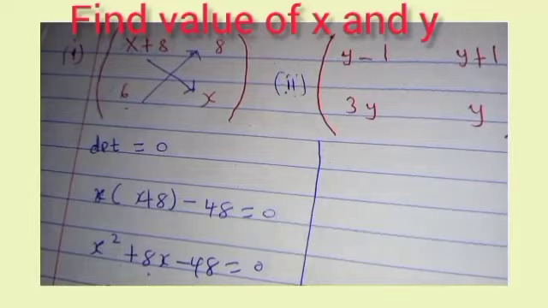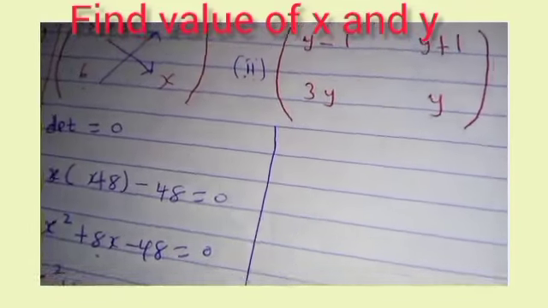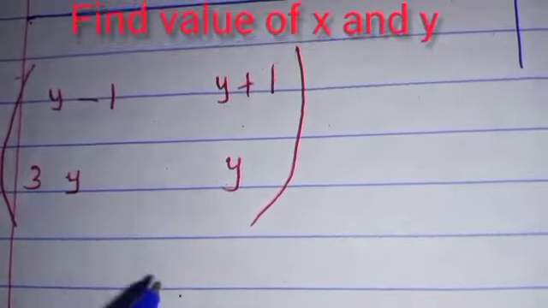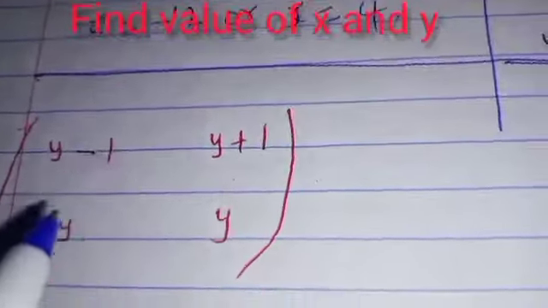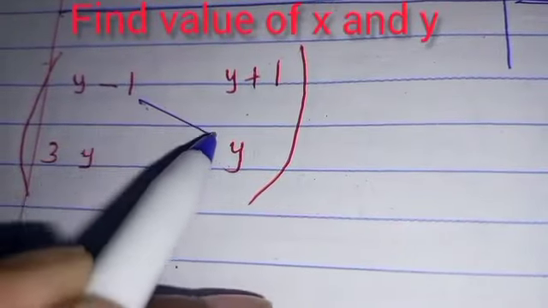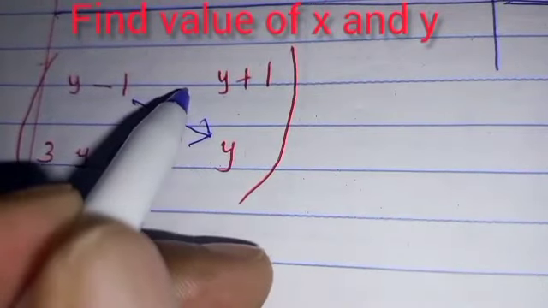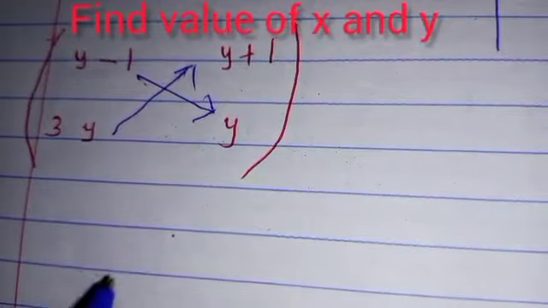The next one is this one here. So we are to obtain the value of y here, given that this matrix is singular. So what we do, we multiply the elements of the main diagonal and we subtract the elements of the other diagonal.